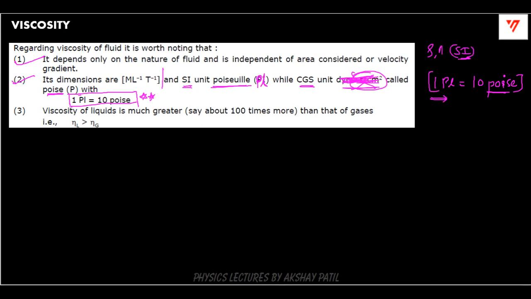So you need to convert this into SI. Though the coefficient of viscosity is used mostly in CGS, you have to convert it to SI, and for that the conversion factor is like this: in 1 PL we get 10 poise.